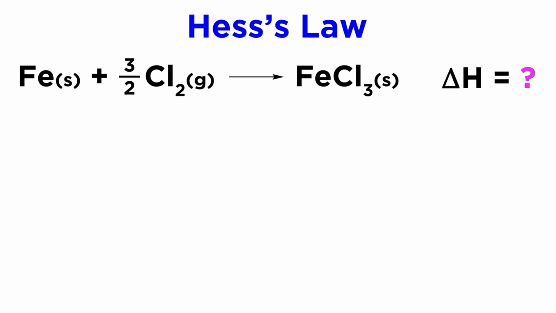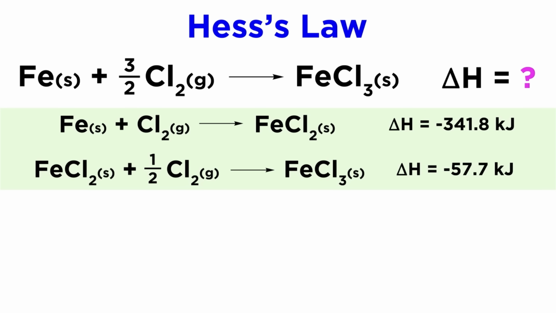Let's say we want to know the enthalpy of formation for FeCl3, which means the energy associated with the generation of 1 mole of this compound from its constituent elements, but we only have the following enthalpy data, which tells us the enthalpy of forming FeCl2, which then forms FeCl3.